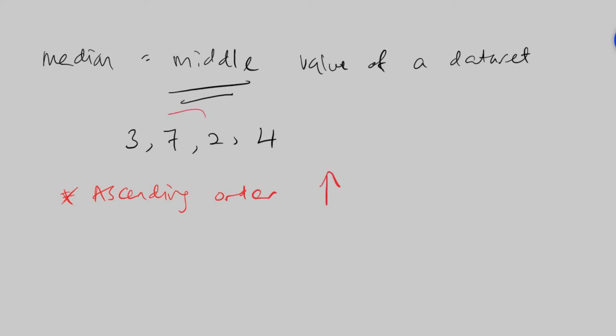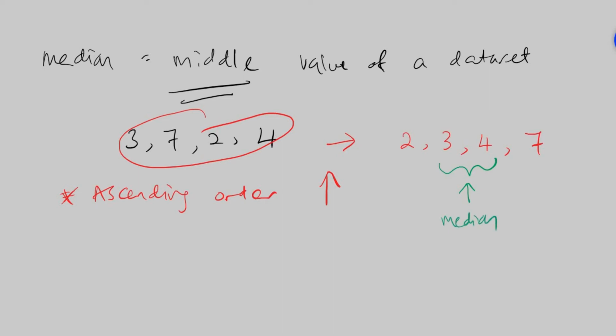So remember to arrange them in ascending order. So arranging them in ascending order, you have 2, 3, 4 and 7. Therefore the middle number will be between 3 and 4, and between 3 and 4 the answer is 3.5.